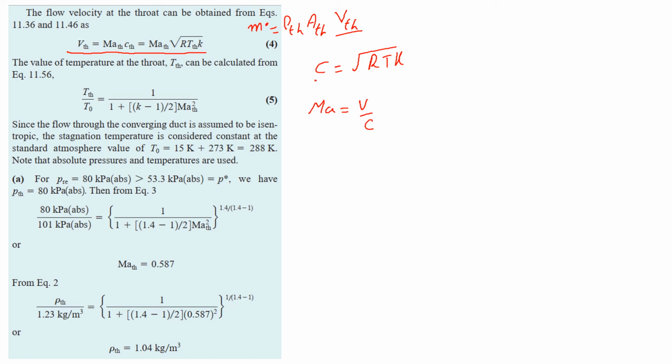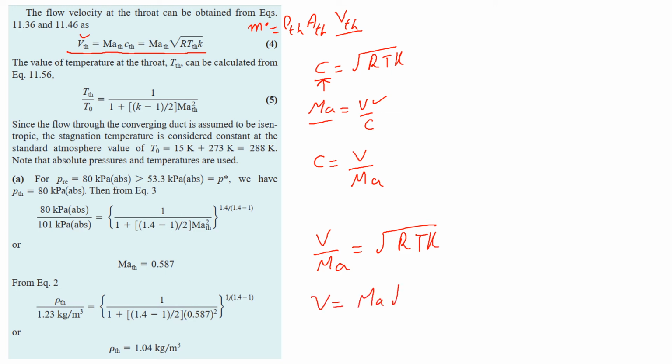So here instead of c we put Mach number and velocity at the throat, so that we can get an equation in terms of velocity. We put c is equal to V over the Mach number and substitute it here. So V over the Mach number is equal to square root of RTK, and V is equal to Mach number times square root of RTK.